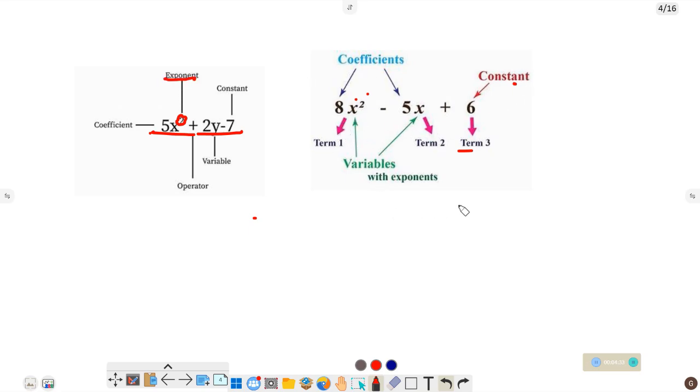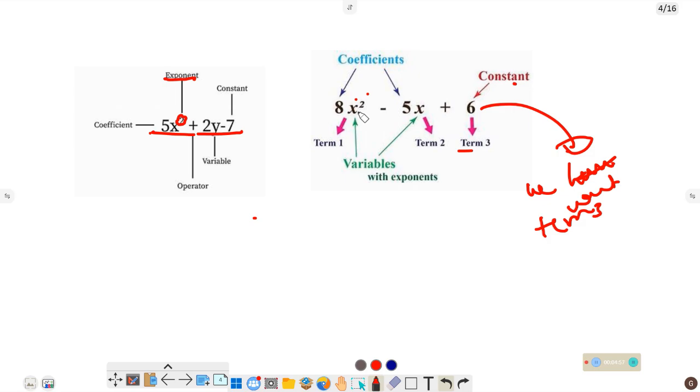And here is another expression of a polynomial. With the help of this expression, we want to know the terms, coefficients, and variables with exponents.